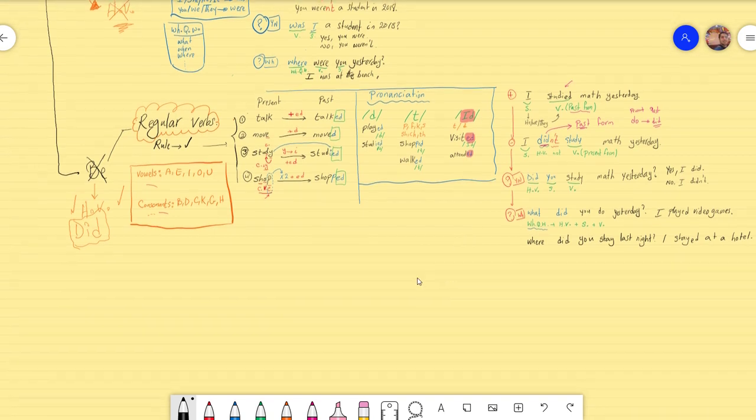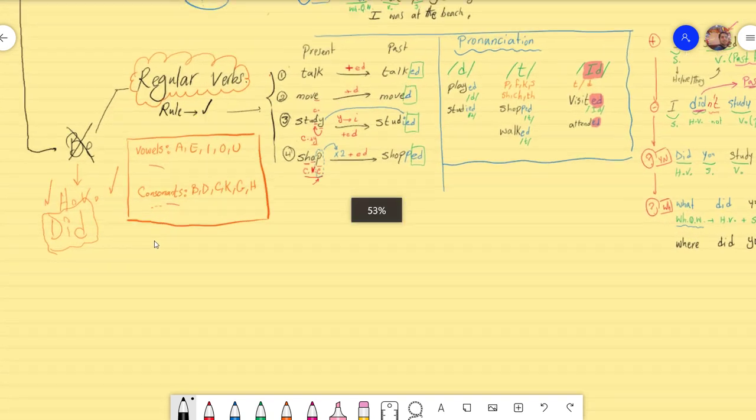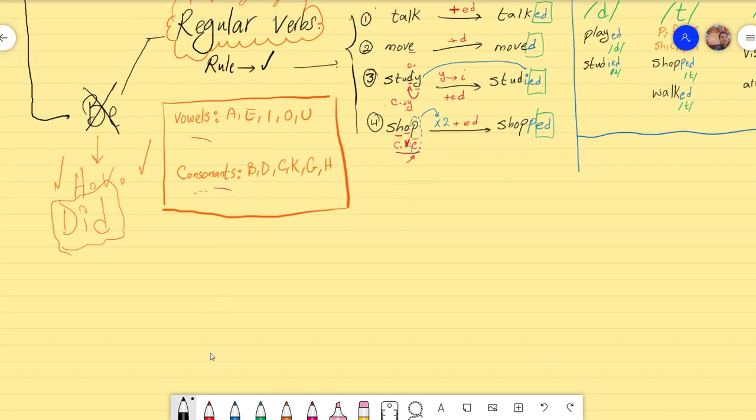Now let's talk about the second option here. So I said that if the verb is not be, there are two options. The first one was regular verbs. The second one is irregular verbs. What are the irregular verbs, or what does it mean?